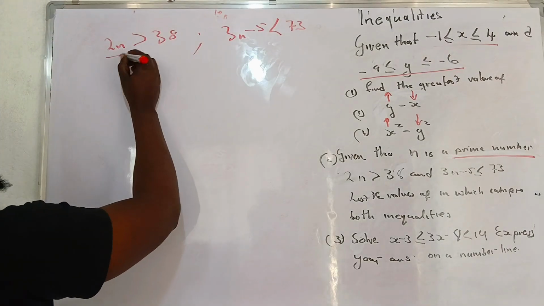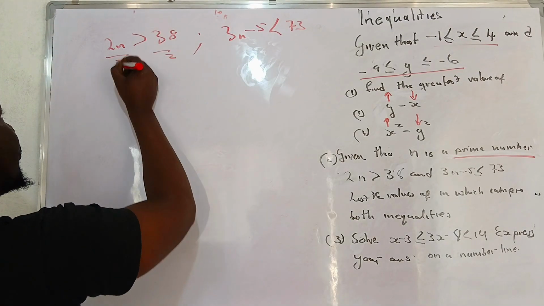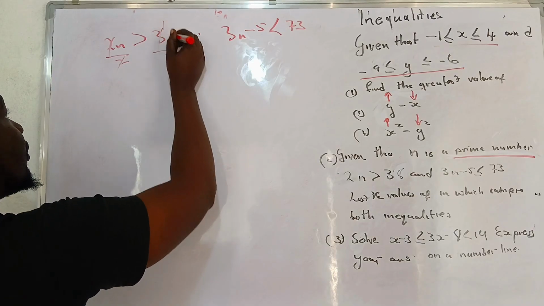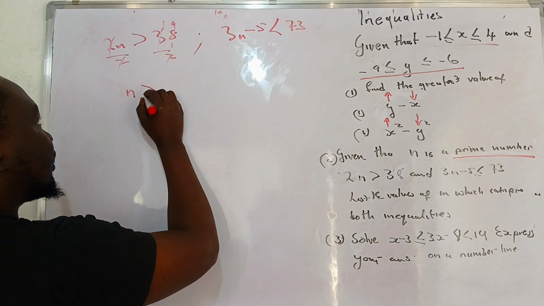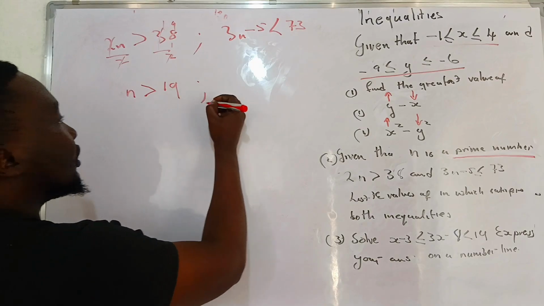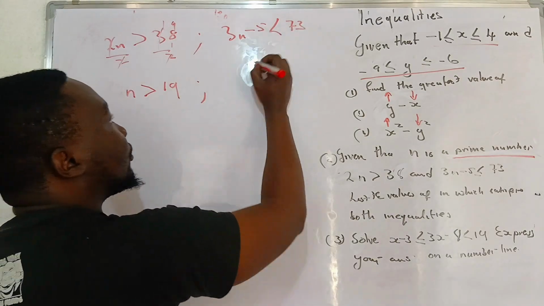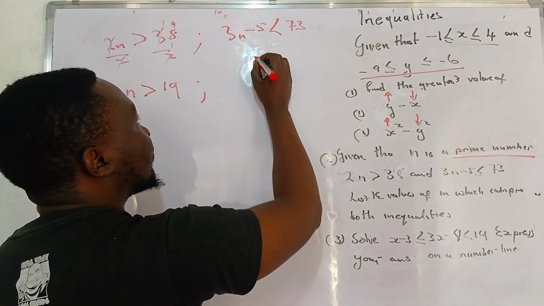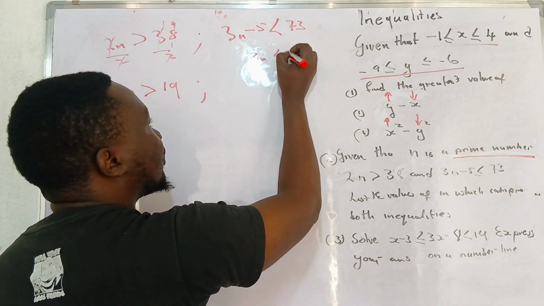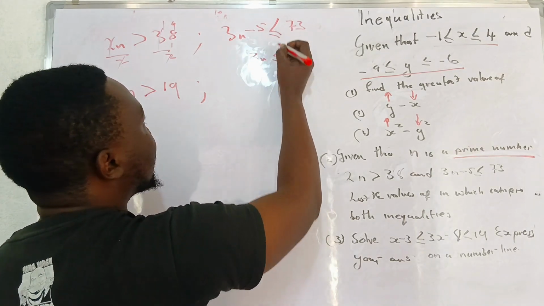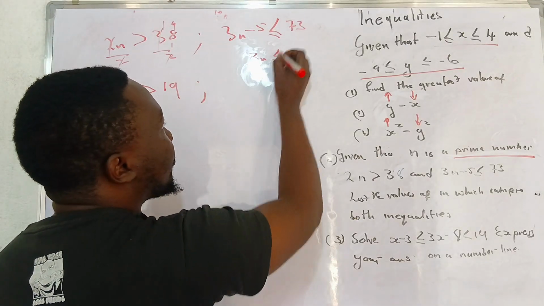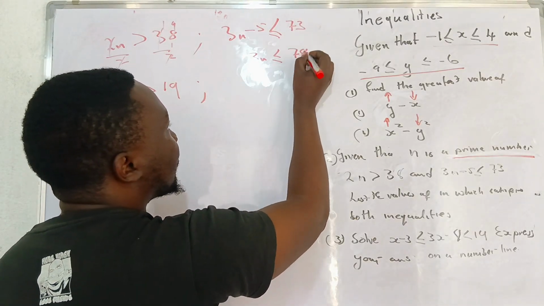So here we divide by 2, divide by 2. So 38 divided by 2 is 19. So n is greater than 19. Here our 5 goes to this side and it becomes 78. 3n is less than or equal to 78.